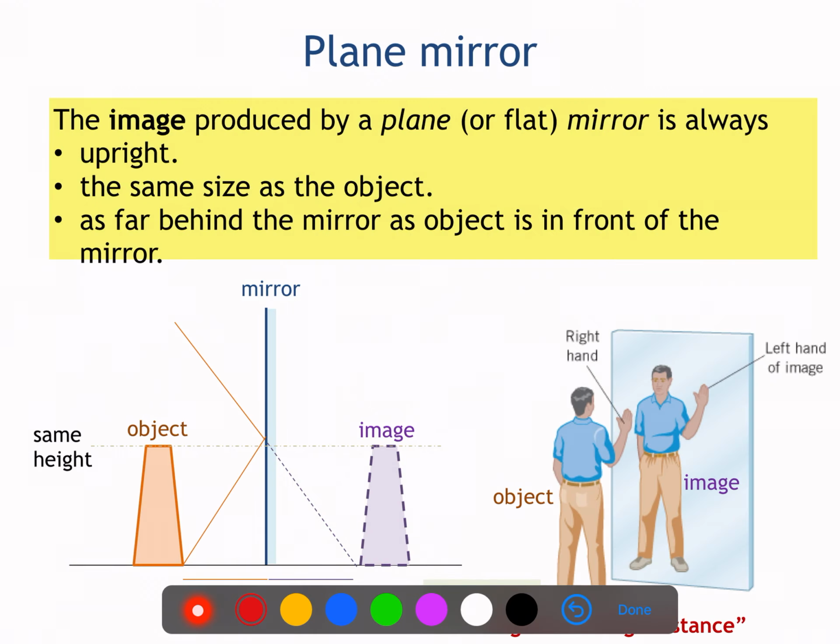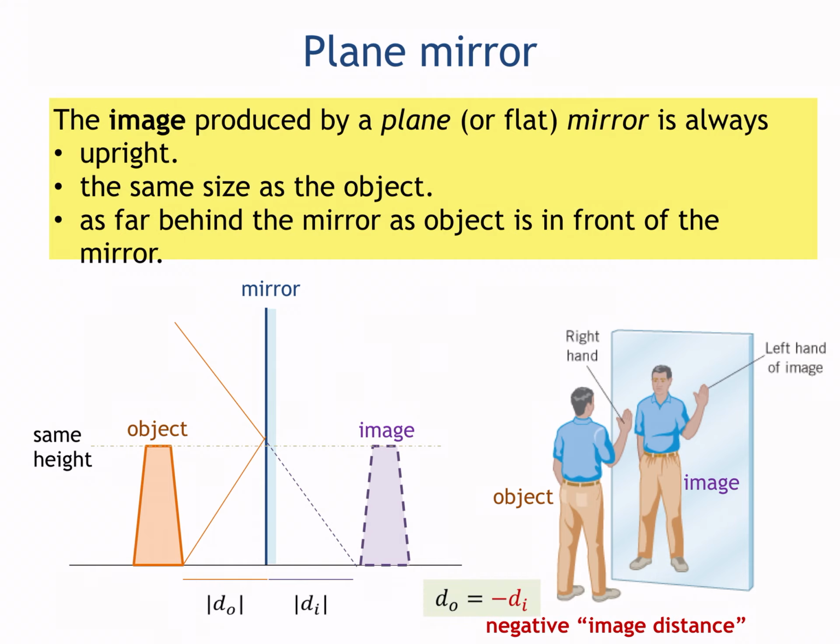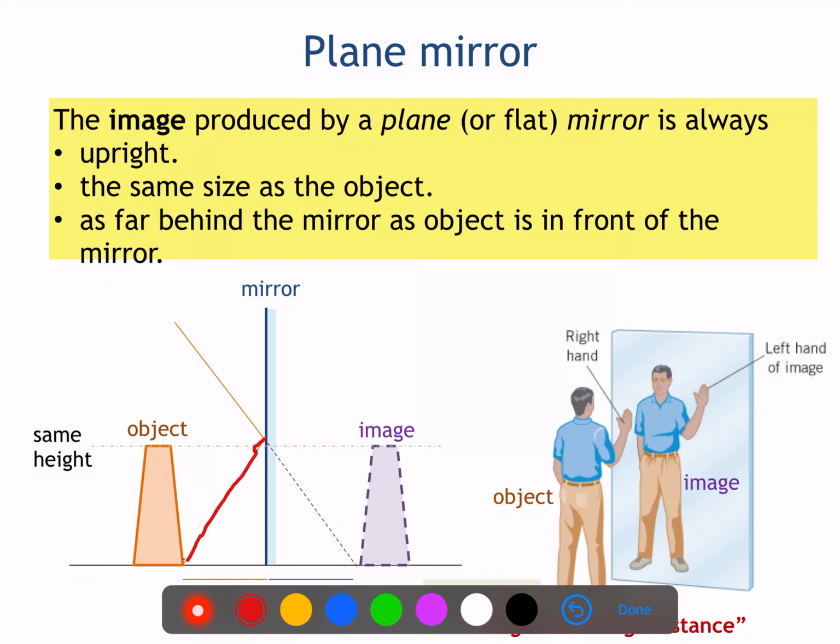Okay, so going back to this example of a plane mirror that we discussed last time, we talked about the fact that at every point the light emerging from the object is then reflected based on the law of reflection, and that what that produces for your eye is a virtual image behind the mirror by just following this dotted line on the opposite side of the mirror.